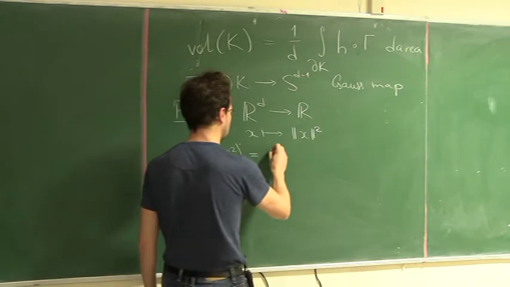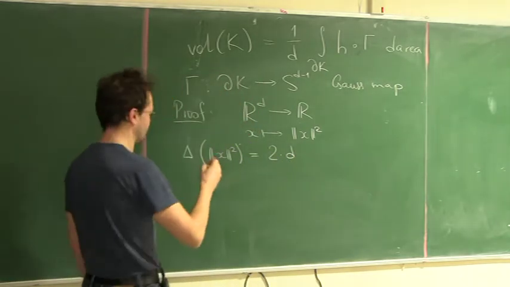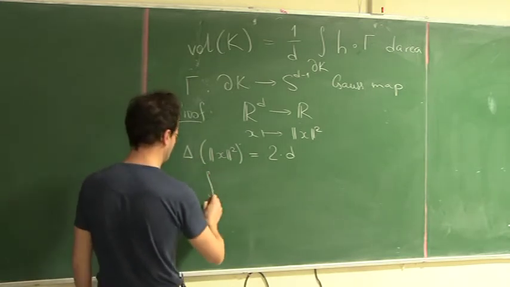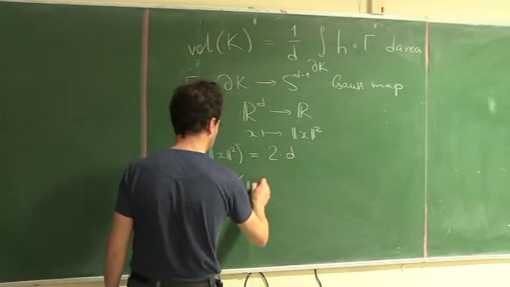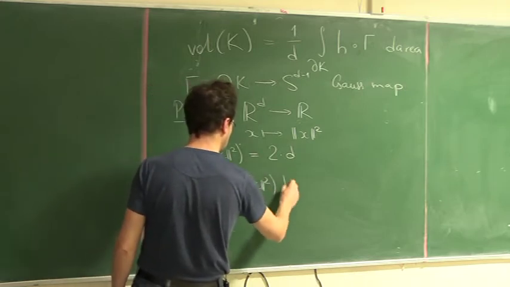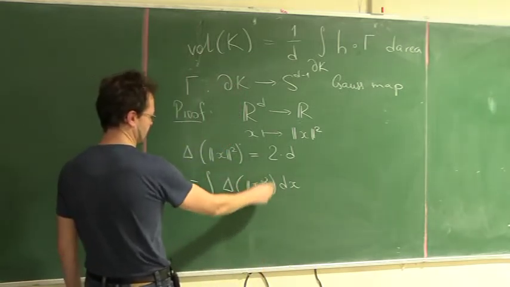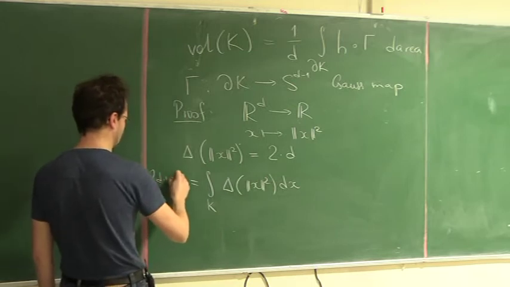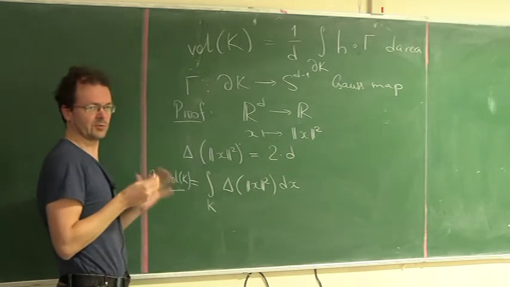So the Laplacian is equal to 2 times d. Good. Now let us integrate this function over the body K. On one hand, since this is just a constant 2d, we get 2d times the volume of K.